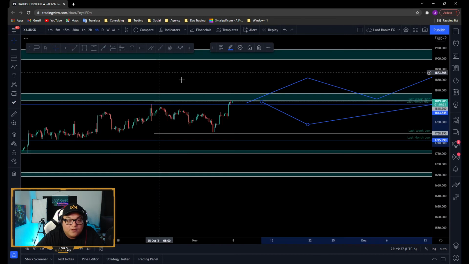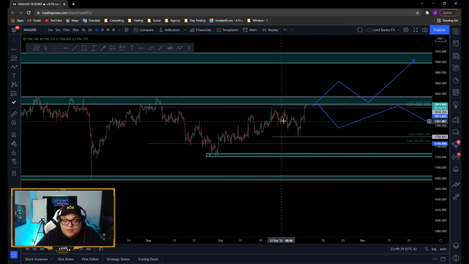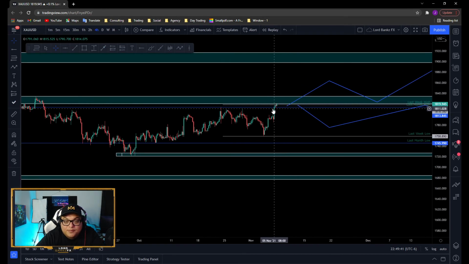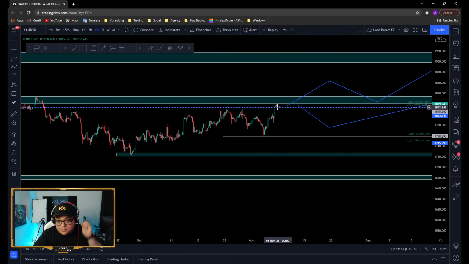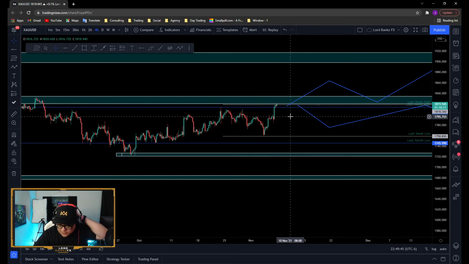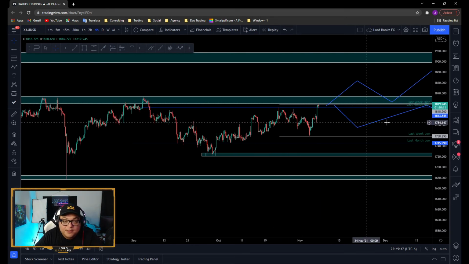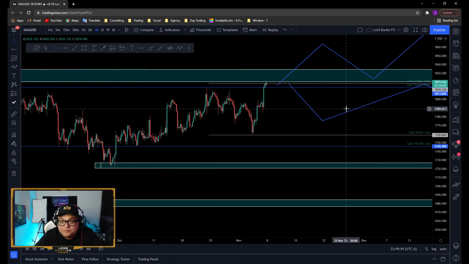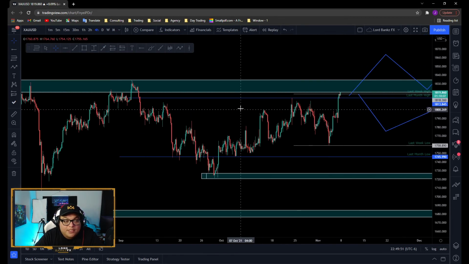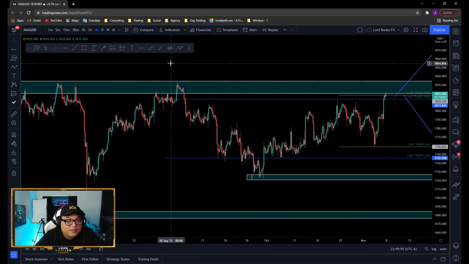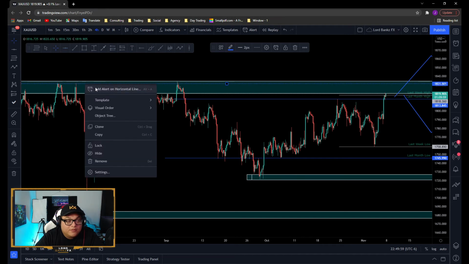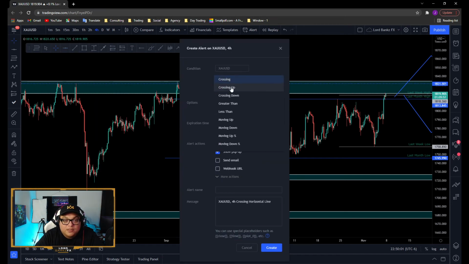Let's look at the 4 hour. Yeah, since it's right in this area, this key level, we want to wait for some strong confirmation, right? And really, I would say from where price is right now, I would probably put an alert right here. Crossing up, bar closing.